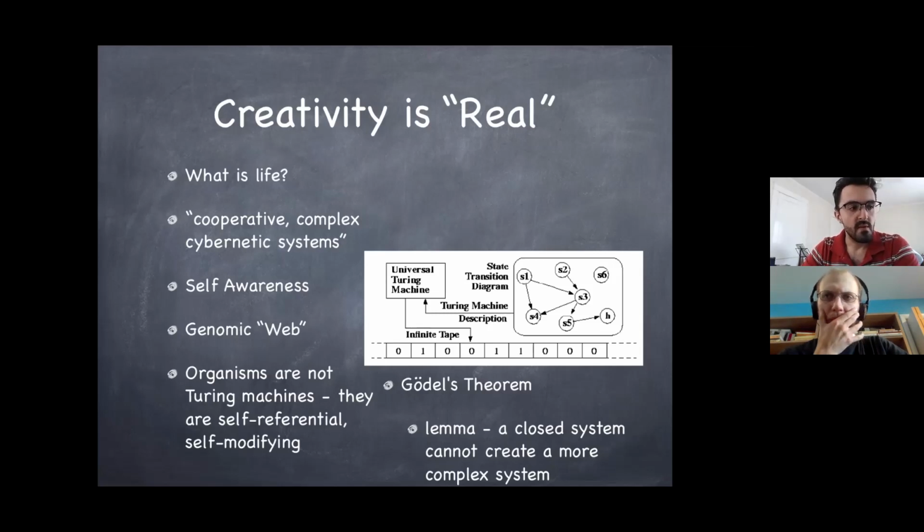This model consists of nothing more than reading and manipulating symbols on an infinite tape. The symbols don't have to be ones and zeros, it doesn't matter. But a universal Turing machine is a construct with an infinite tape, and it reads and modifies the symbols on each square of this infinite tape according to a program.